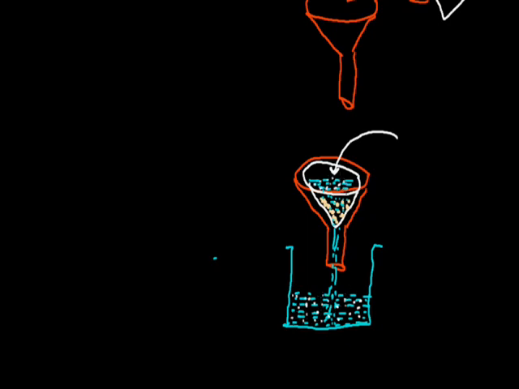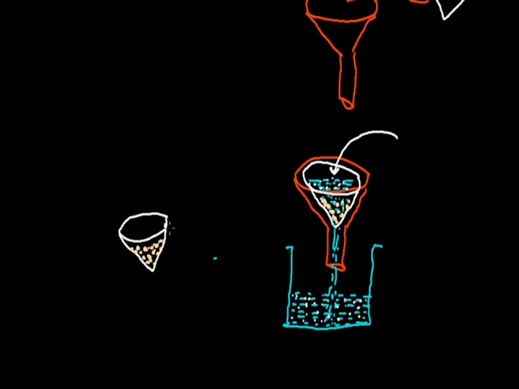So we can say that the salt solution will come into the container and the particles of sand will collect in the filter paper. After some time we get filter paper full of sand particles. We first detach this filter paper from the funnel and get these particles of sand, and now we dry the filter paper.